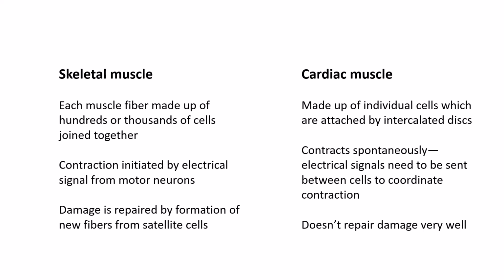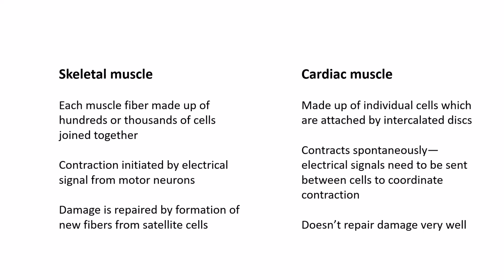Okay, so skeletal muscle, if it's damaged, which it can be because it's doing a lot, exerting forces, can repair the muscle fibers by growing new fibers from satellite cells. And that's one of the hallmarks of muscular dystrophy.